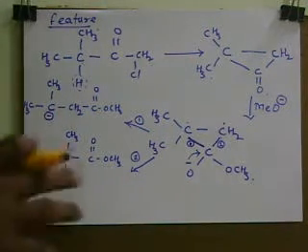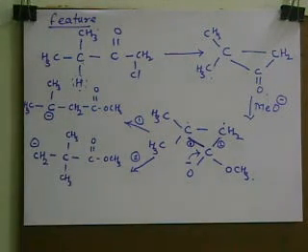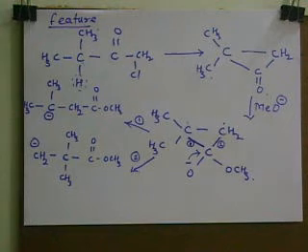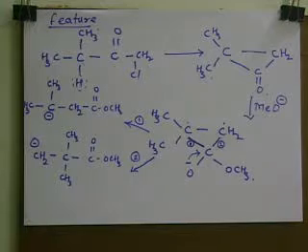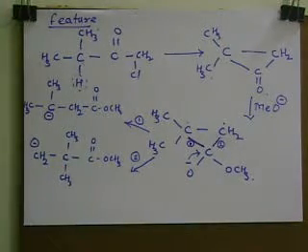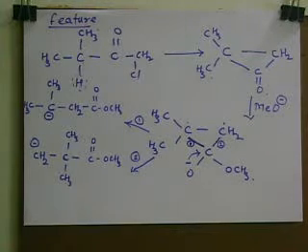Now in this case we have to understand the stability of carbanion. Earlier in these videos we have discussed the stability of carbocations. Now we have to understand the stability of carbanions, or negatively charged carbons.